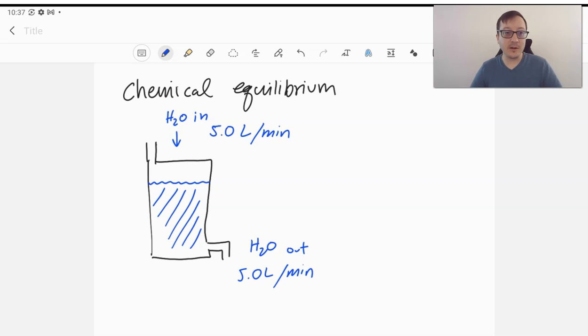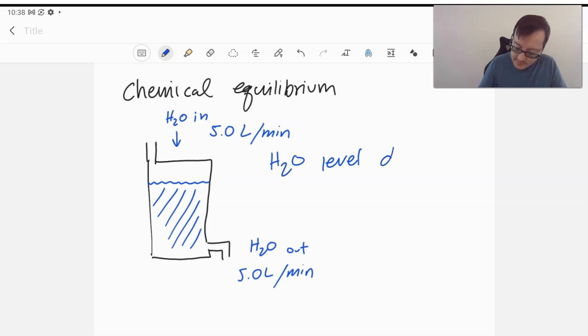In chemical equilibrium, though, we're looking at a state at which the amount going in and the amount going out are the same. And as a result, if this were the case of a water tank, if we're putting water in at 5 liters per minute and water is draining out at 5 liters per minute, if those rates are identical, nothing changes.